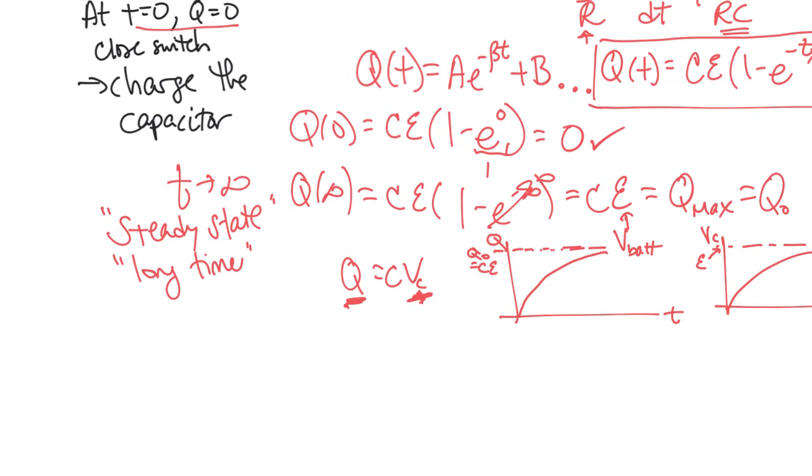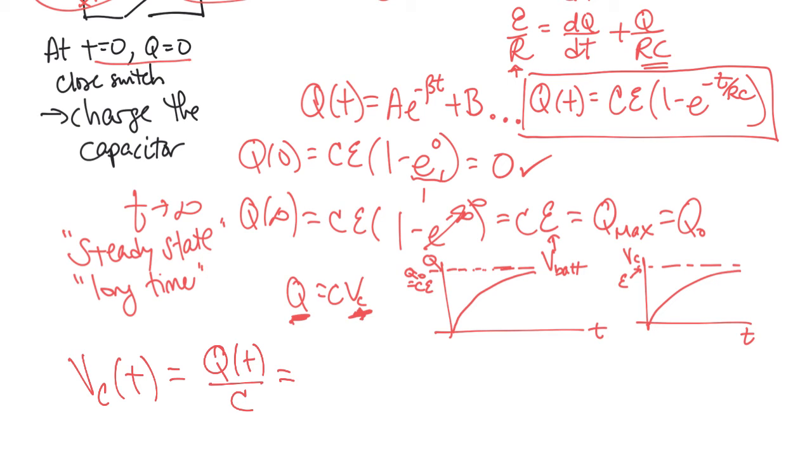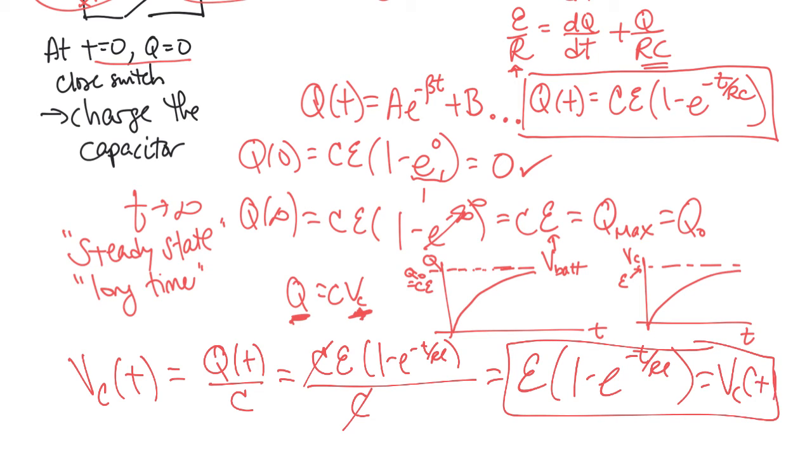So we have a Q of t in a box right here. We also can write the voltage across the capacitor as a function of time, which is, of course, Q as a function of time divided by C. Well, that was CE times 1 minus e to the negative t over RC, and that's divided by C. So you see this exact same form of equation.